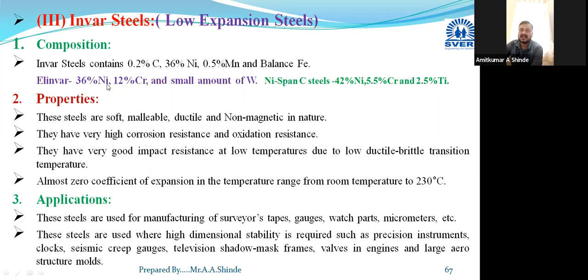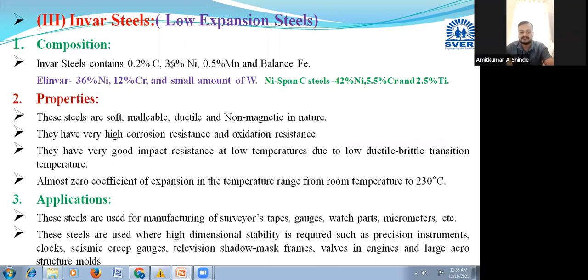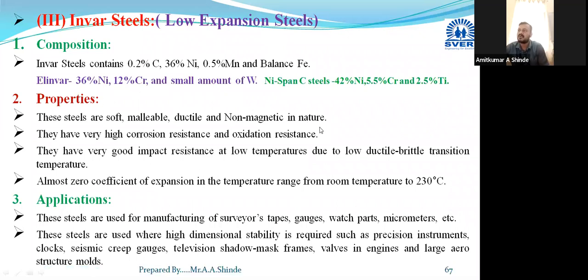And for Ilinvar, if they ask separately, you have to write this composition. What is the difference between Invar and Ilinvar? The nickel composition is the same; what is extra is 12% chromium and a small amount of tungsten.